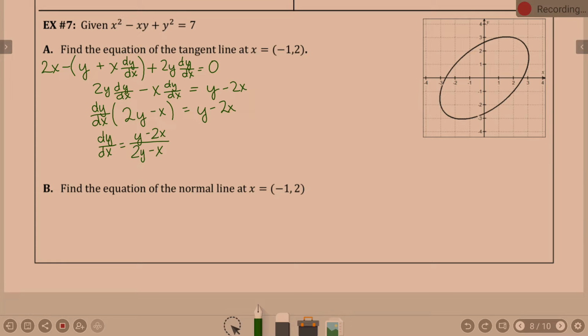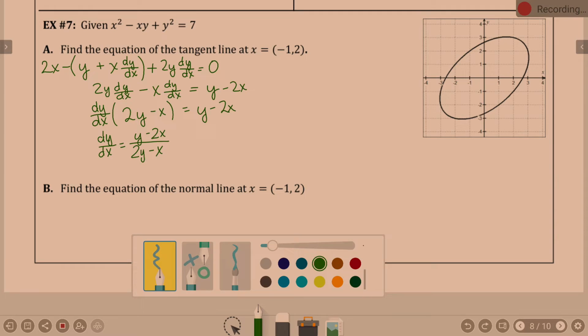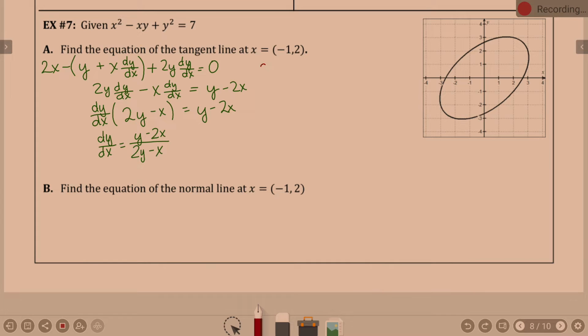What do I need to do? Plug in the point. We need to take dy/dx and evaluate it at (-1, 2). That's my official notation there: the evaluation bar, and then we're evaluating at (-1, 2).